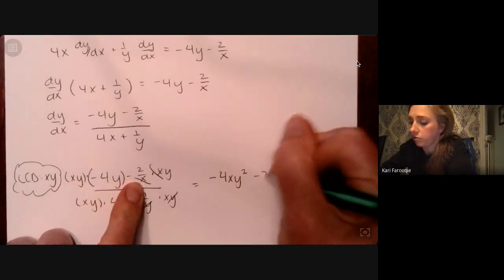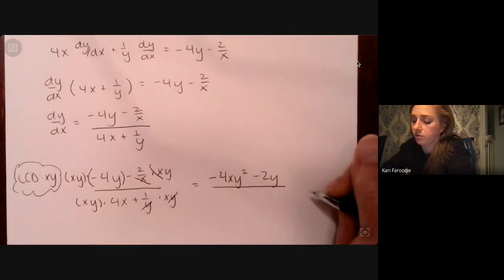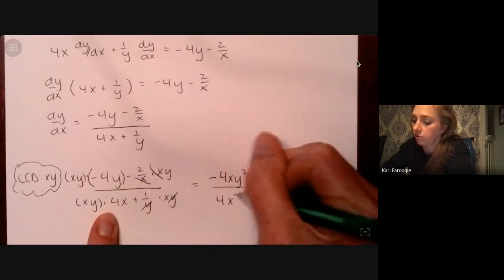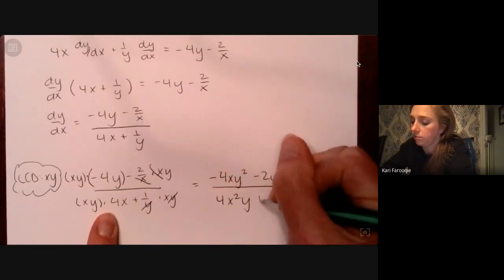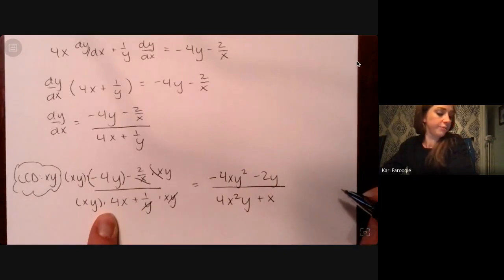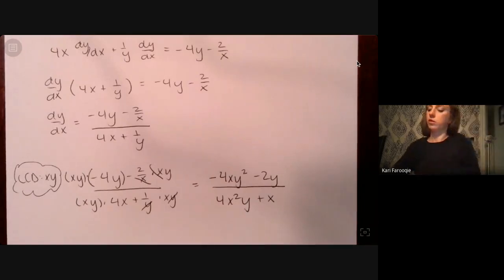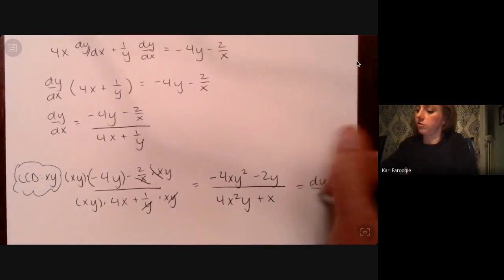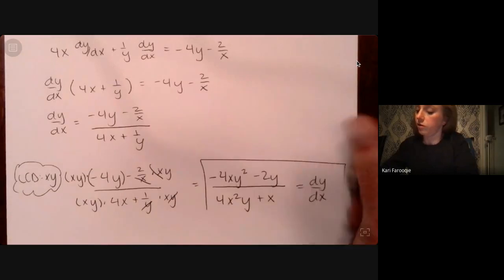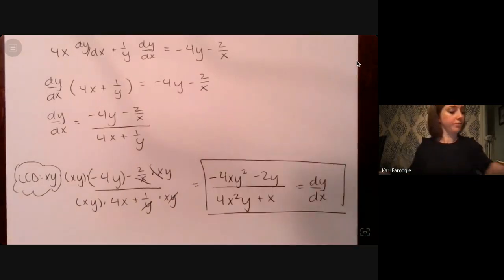And then minus 2y divided by 4x squared y plus x. And that is your dy dx. I did not ask you to find the equation of the tangent line here. We're going to do one more of these, and that's where you're going to find the equation of the tangent line.